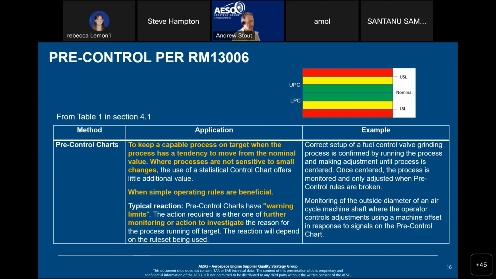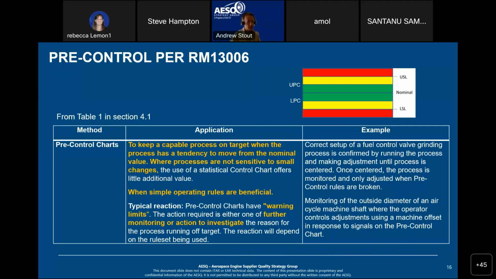That's kind of an underlying assumption, or you believe it's capable, or you've proven that it is from past work. We'll see how that's important a little later on. It's also for where processes are not sensitive to small changes. If you're concerned with small changes, you may want to use a statistical control chart, a full control chart. When simple operating rules are beneficial, it's good to use this method.